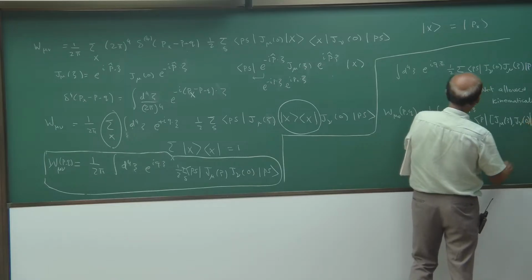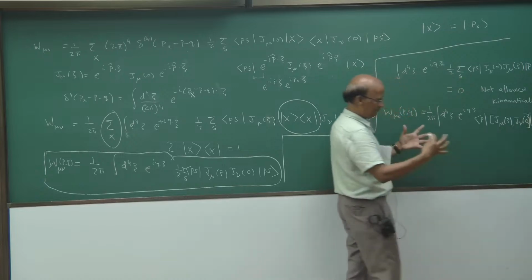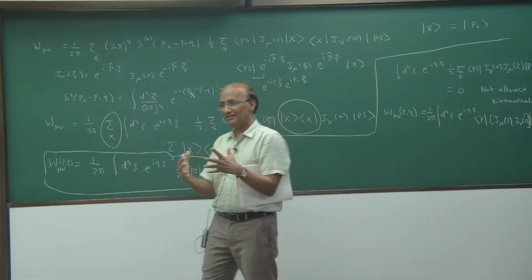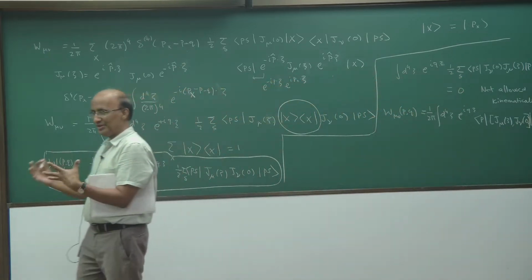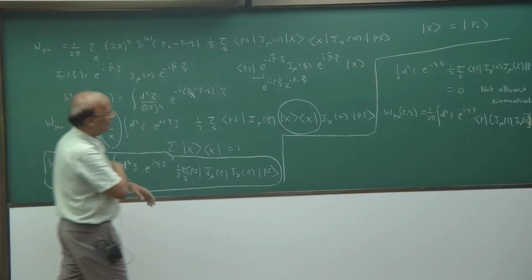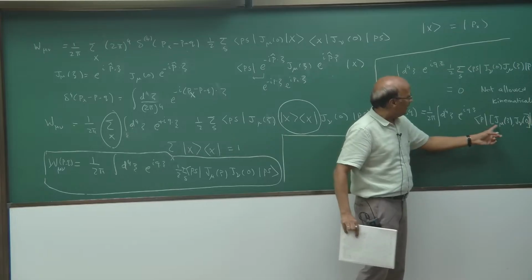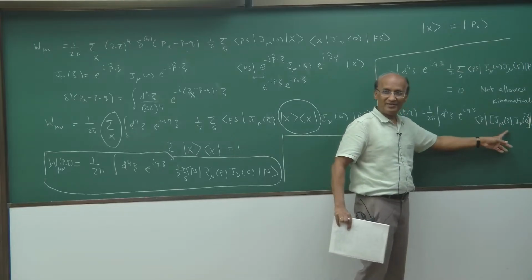I drop S completely, assume that this matrix element is computed with a spin average, and this is a commutator of two electromagnetic currents.